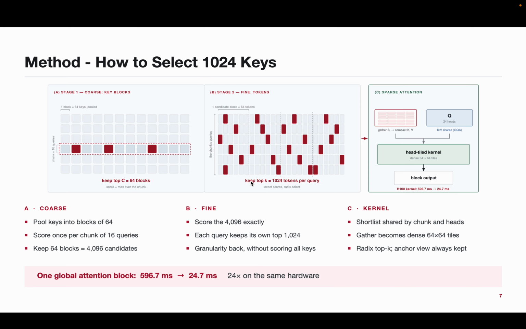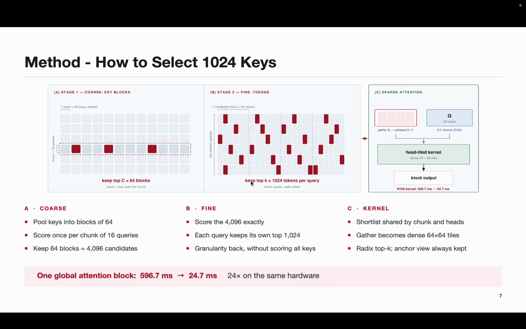So we introduce another routing algorithm for the lightning indexer. Instead of scoring every single token with our lightning indexer, we're going to pool the image into blocks, which is similar to what previous methods have done, and then use the blocks to produce a candidate size.